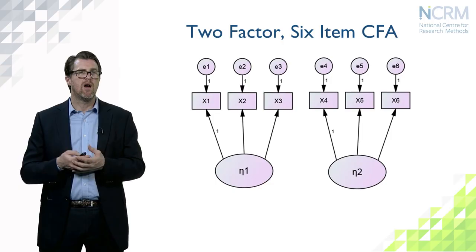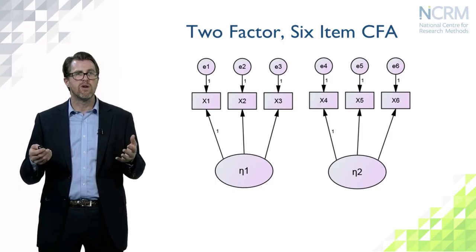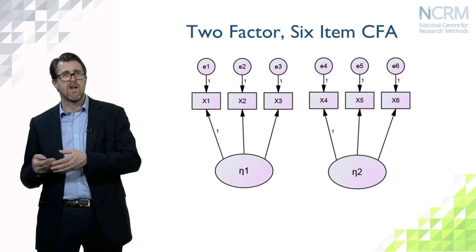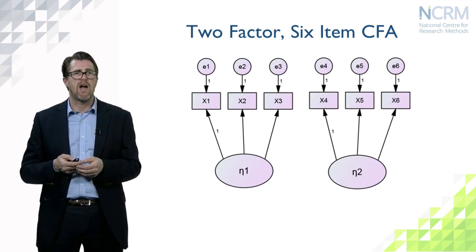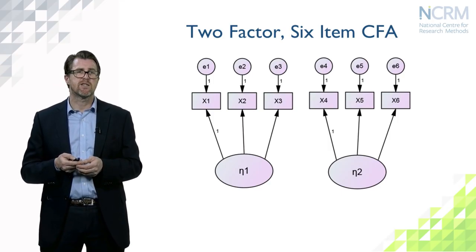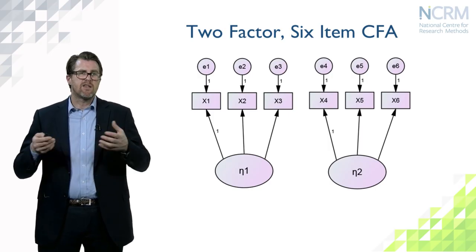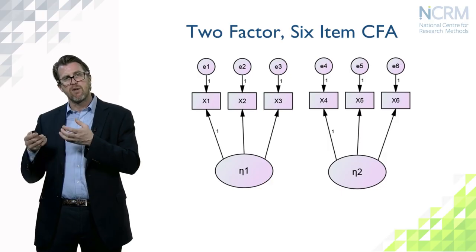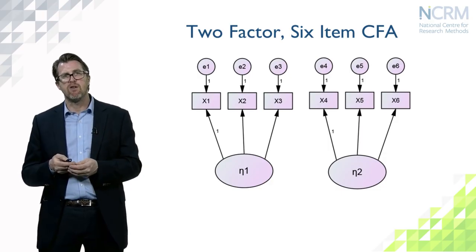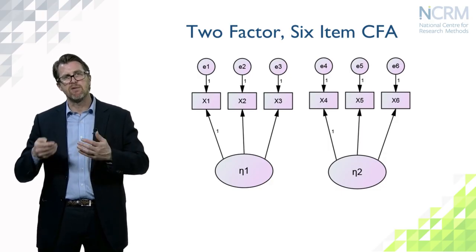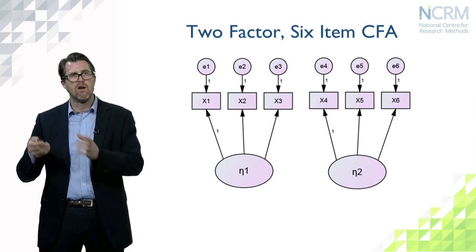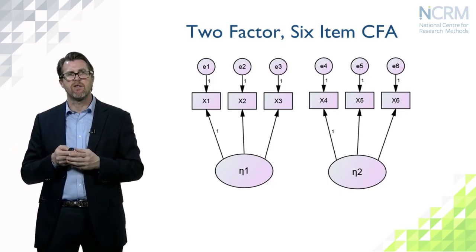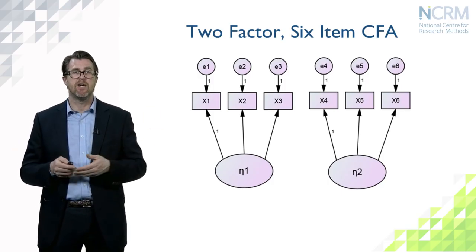There's no arrow pointing from eta1 to any of those observed variables, and the same for eta2. There's no arrows pointing at x1 to x3. So the fact that there isn't an arrow there means that in our model we are constraining those to 0. We're not just estimating them and saying, are they nearly 0? We are specifying our model a priori to say that those paths are indeed 0.